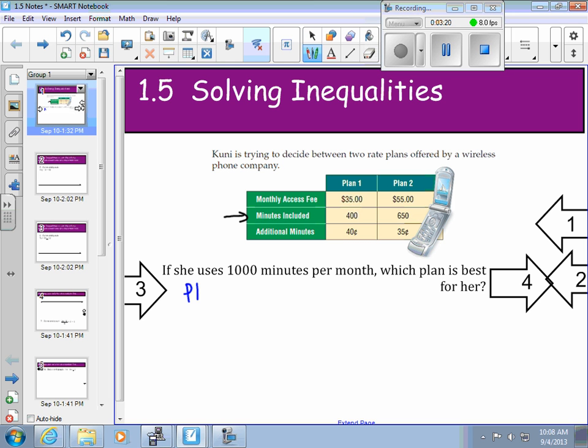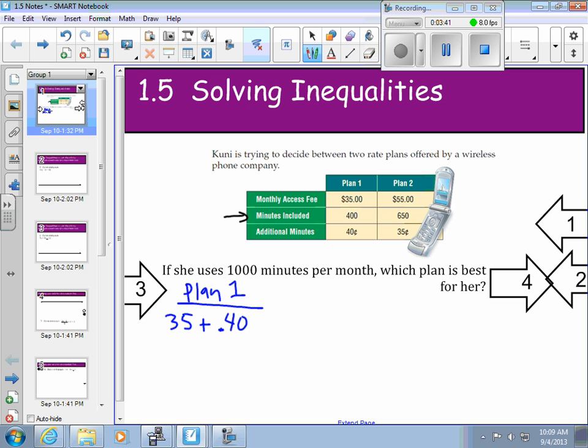Let's start again with plan 1. So in plan 1, we know we're going to have to pay the monthly access fee of $35, plus we're going to have to pay some additional minutes. The additional minutes in plan 1 cost 40 cents, 0.4.